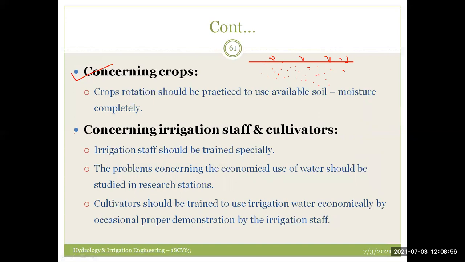The next is with respect to the irrigation staff and cultivators. Irrigation staff should be trained specially so that they use water economically. Also, the problems concerning the economical use of water should be studied in research stations, as I told. For the economical use, you should train the staff and study at the research stations.